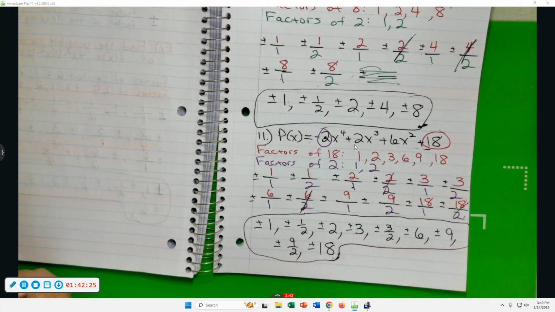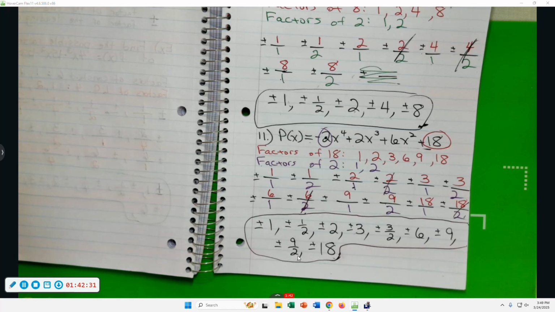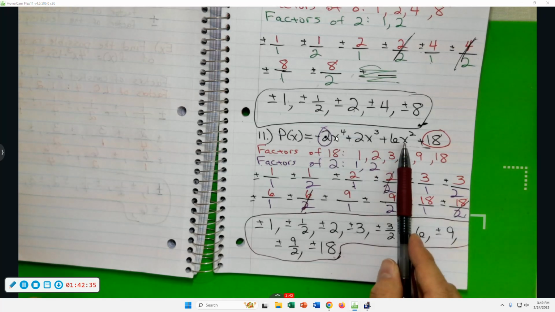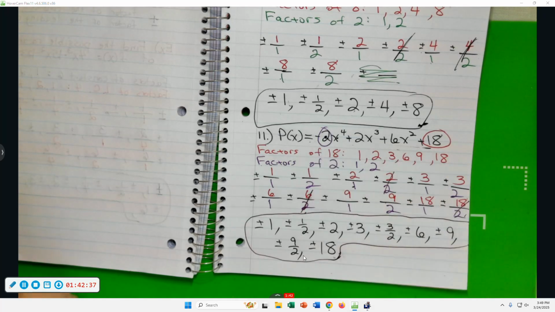No, because 7 isn't listed. Could you plug in 20 and make that thing equal 0? No. The only numbers that could possibly make it equal 0 are these 18 numbers here. And there's 18 because of the positive and the negative.